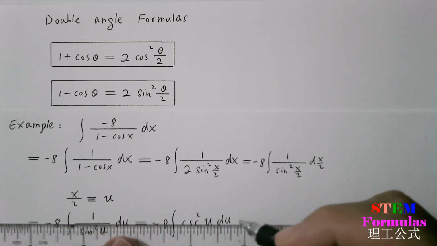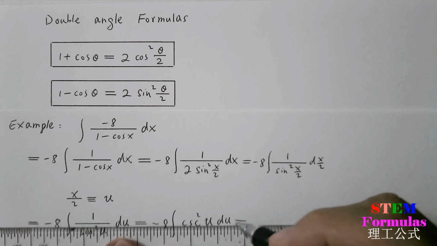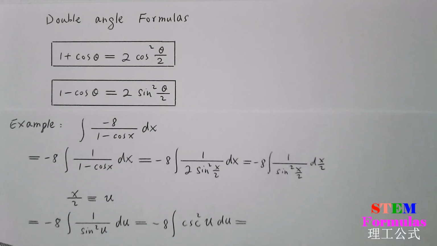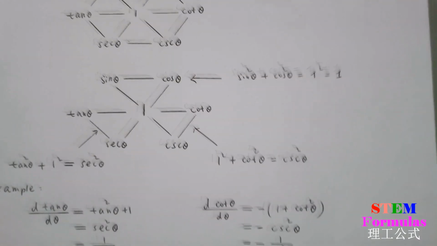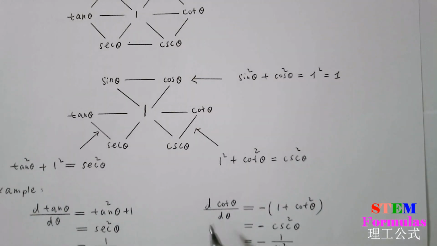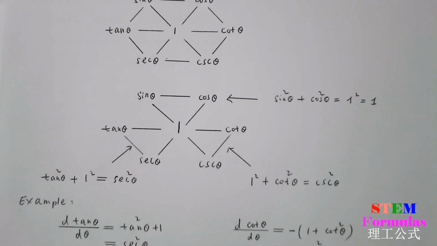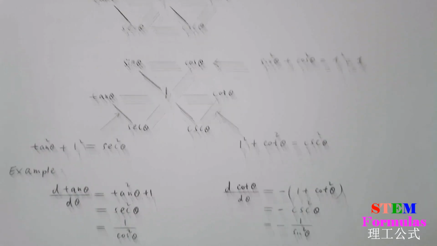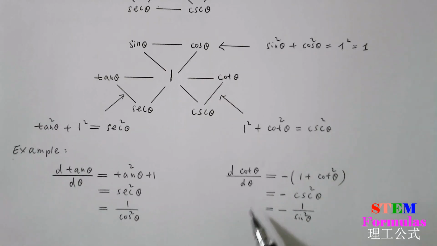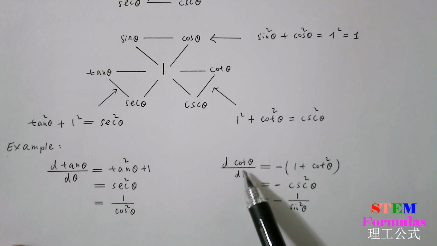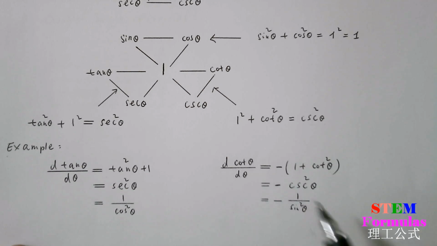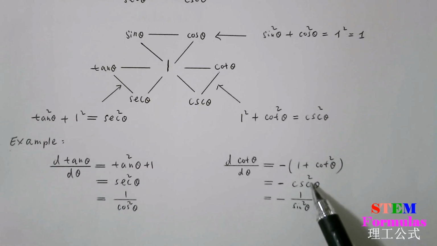And as we did before, the derivative of cotangent theta equals minus cosecant square.